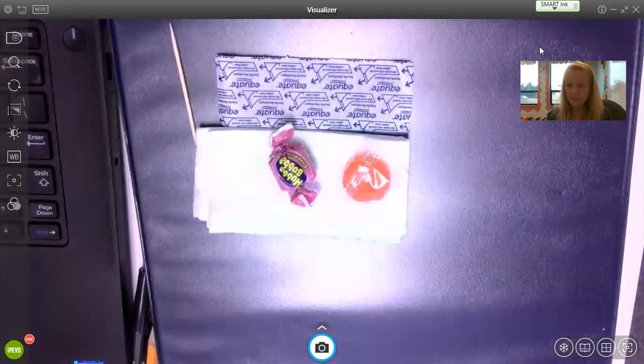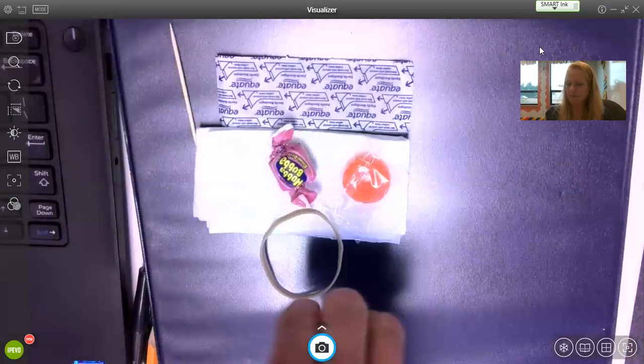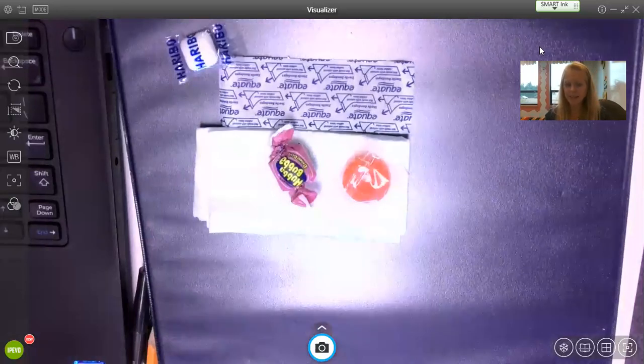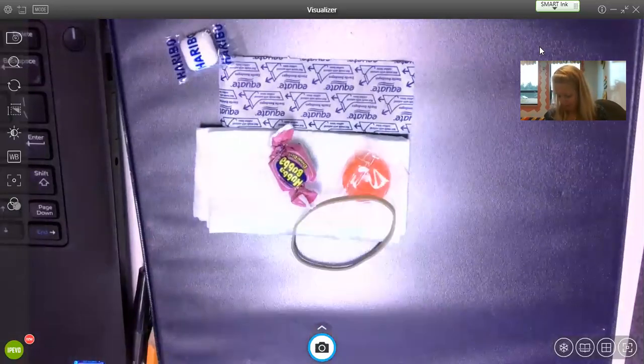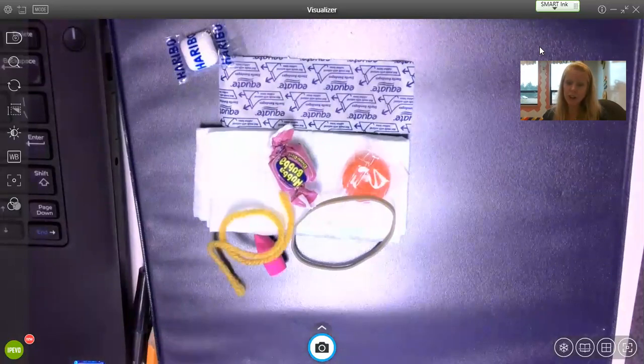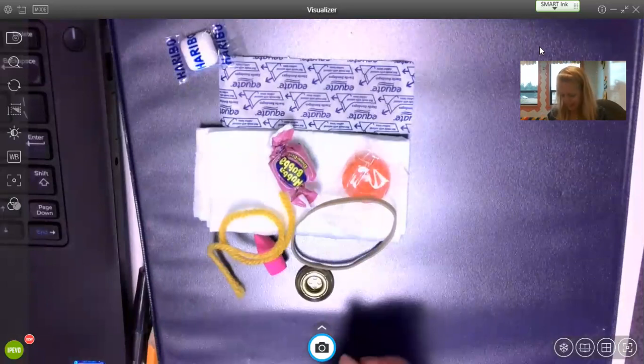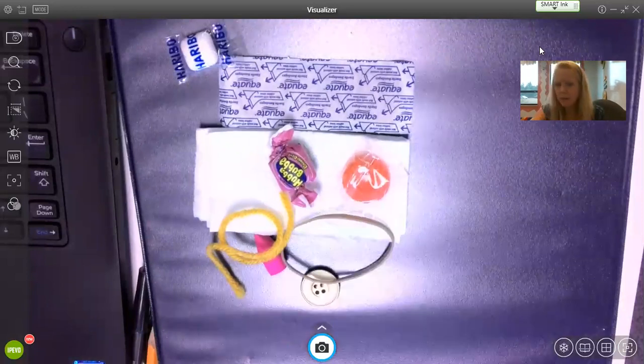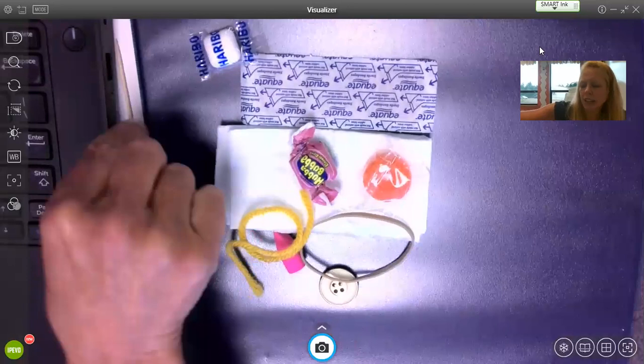A mint, candy mint, a rubber band, an eraser, gold thread or yarn, a button. And our toothpick rolled away. Don't forget the toothpick. Okay, so you have a few items here to think about.